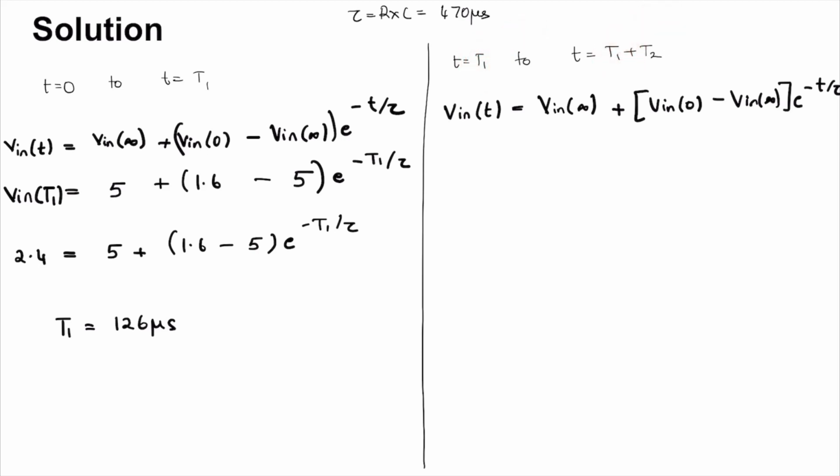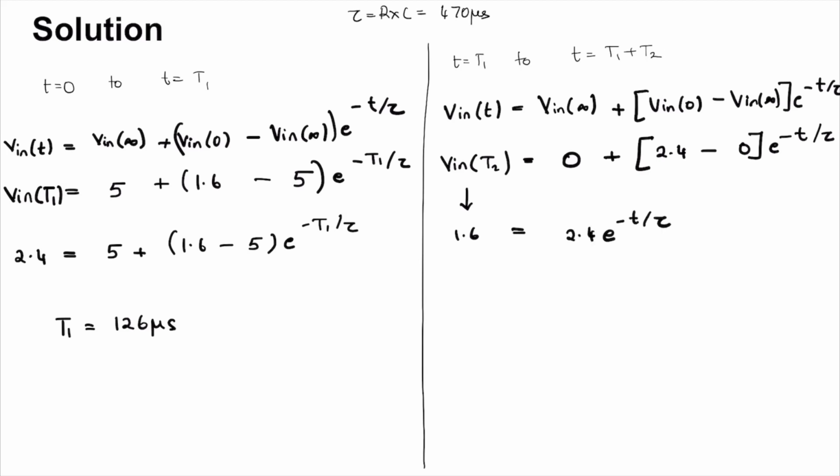Whatever value we get, if we add t1 to that, we will get the final time. So Vin of t2 is equal to, what is Vin of infinity? Well, the Schmidt trigger is outputting 0 volt, so that's 0. Vin of 0 is 2.4, that is input high, and e power minus t by tau. Vin of t2 is input low, this is 1.6, equal to 2.4 e power minus t by tau.